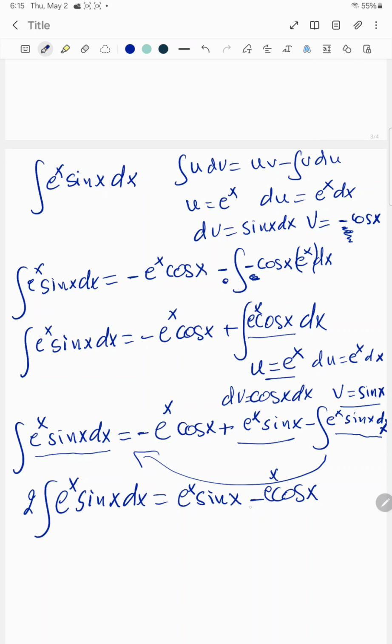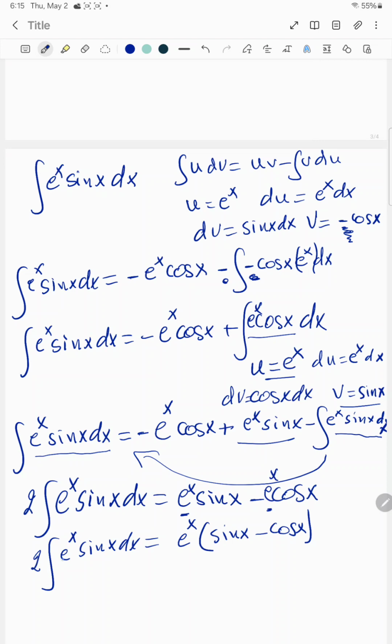It's the same thing. I can write minus e^x cosine x plus e^x sine x. It will be the same thing. And now I realize that I have e^x in common, so I can factor it out. So 2 times the integral of e^x sine x dx is equal to e^x (sine x minus cosine x).